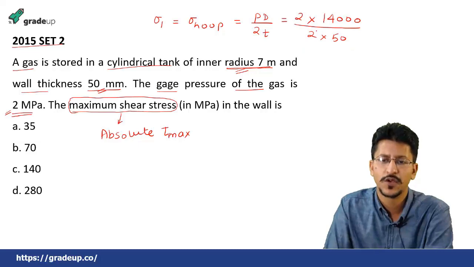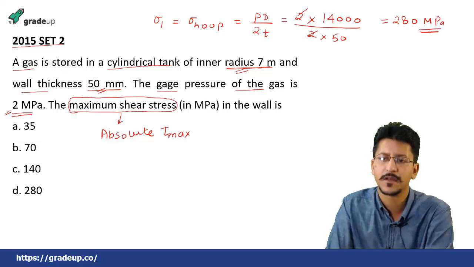If you cancel this out, you will get this value as 280 megapascal. Then sigma 2, that is sigma longitudinal, is nothing but PD by 4T. Substituting the values, you will get it as 140 megapascal.